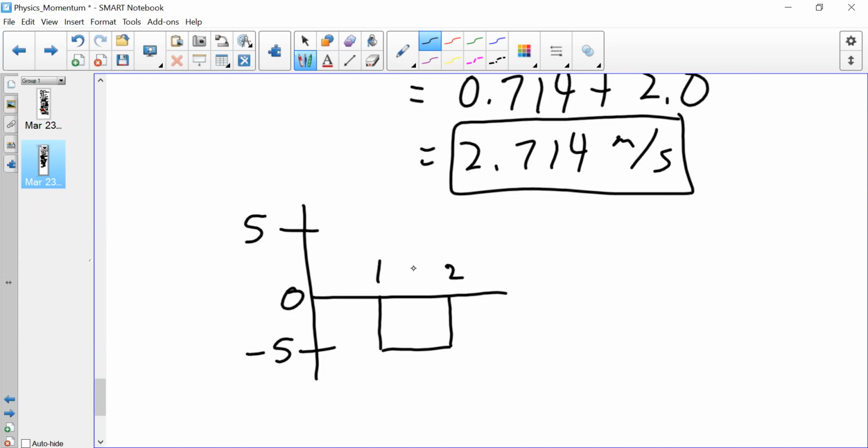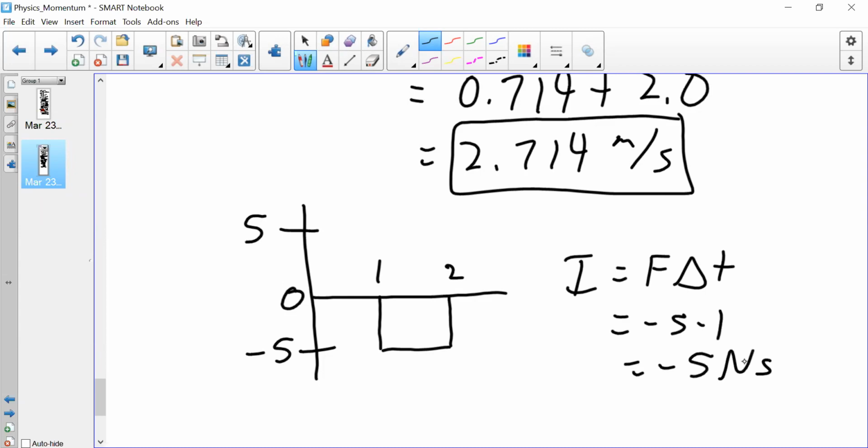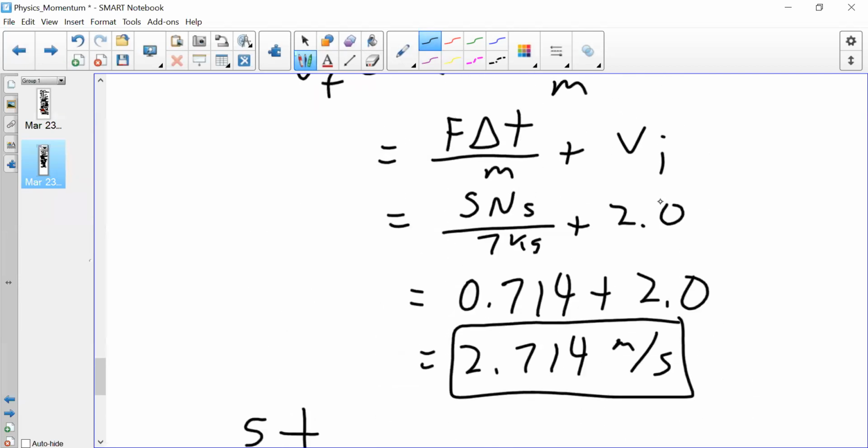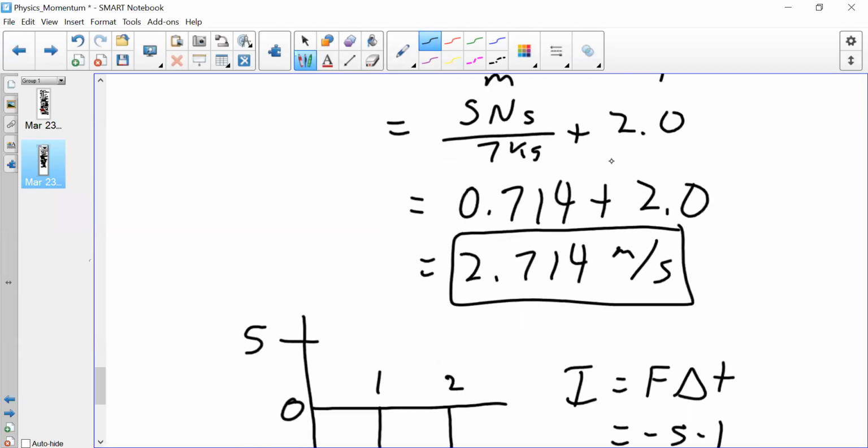So here's our 1 second interval. -5 times 1, okay. All right, so that's going to be -5 Newton seconds. And we're going to get the final speed the same way. We can just use the same formula, really, right?